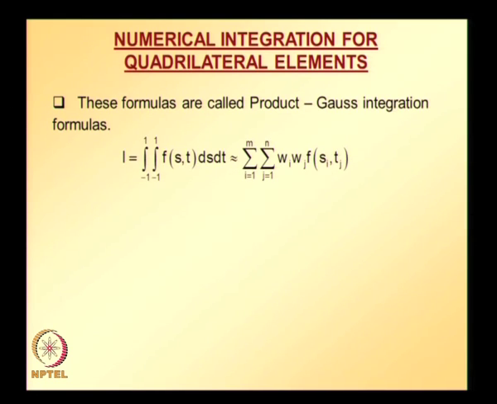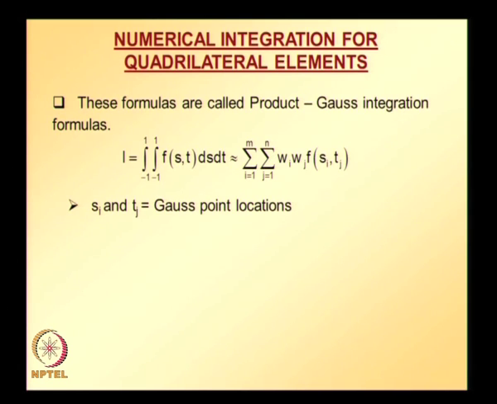For the double integral from minus 1 to 1 and minus 1 to 1 of f(s,t) ds dt, we need to select a certain number of points along the s direction, a certain number of points along the t direction, and evaluate the function at these points, multiplying with the corresponding weights, the weight along the s direction times the weight along the t direction.